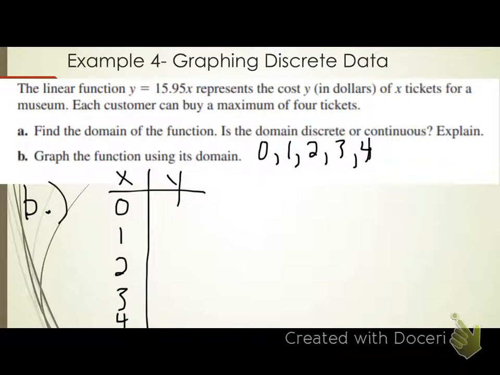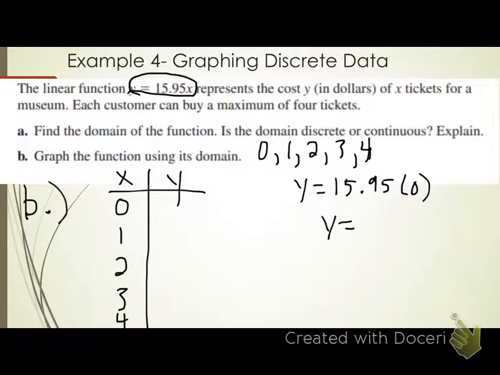To find my y values, I can just plug my x values into my function. y equals 15.95x. So for 0, I just do 15.95 times 0 instead of times x. Well, 15.95 times 0 would just give me 0, so that's my corresponding y value for that x value.